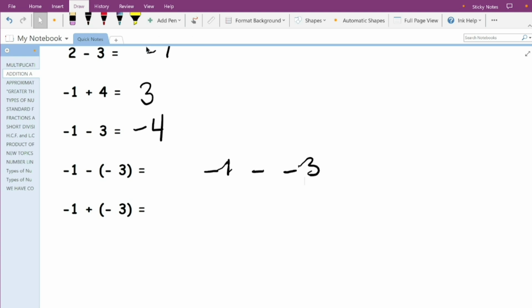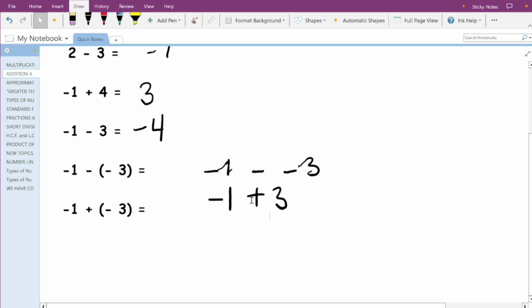Now, when you have 2 negative signs together, you have to resolve them into 1. Resolving them into 1 is like minus times minus. A minus and minus together gives you plus. So joining these 2 negative signs together turns to positive.